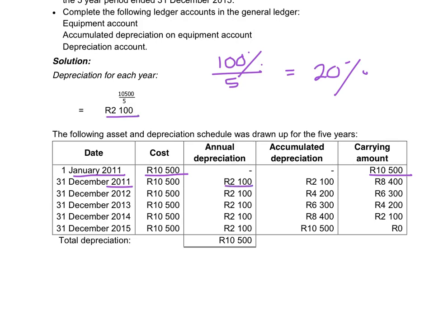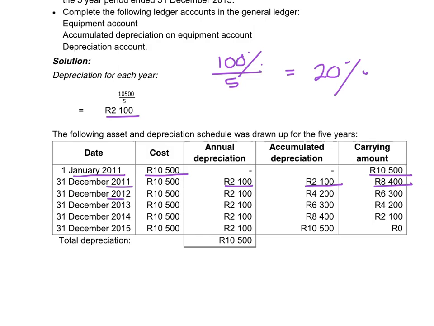Now the total accumulated depreciation at the end of the year is 2,100. And what is the value of my equipment now? The 2,100 deducted from 10,500 gives me 8,400.